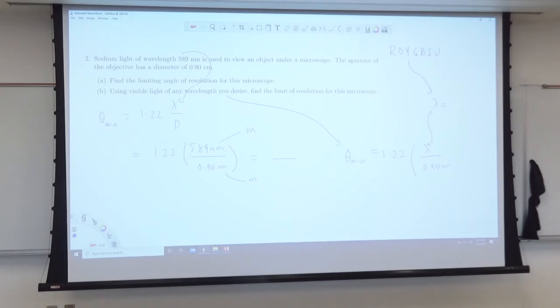So you can Google the wavelength of yellow color or green color and use the lambda for that, and that will give you theta minimum. Okay, that's what it says. So you can use any wavelength you desire, but that should be within the visible spectrum. So use one of the colors.